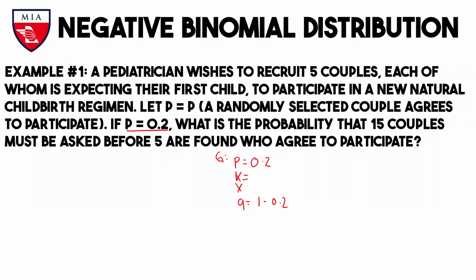So if we observe the problem, what is the bigger value? Okay, and always remember, in terms of negative binomial distribution, the value of x is greater than the value of k. Earlier, in terms of binomial, n is greater than x.